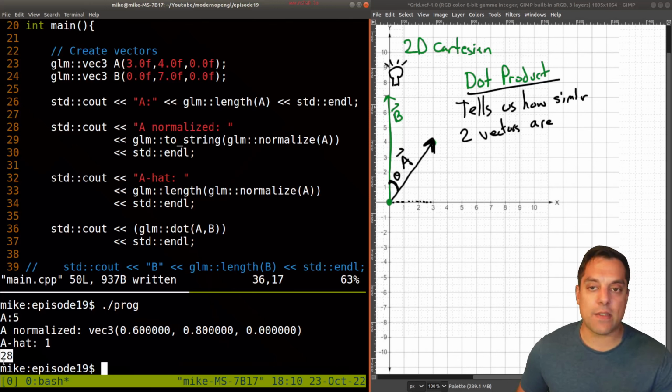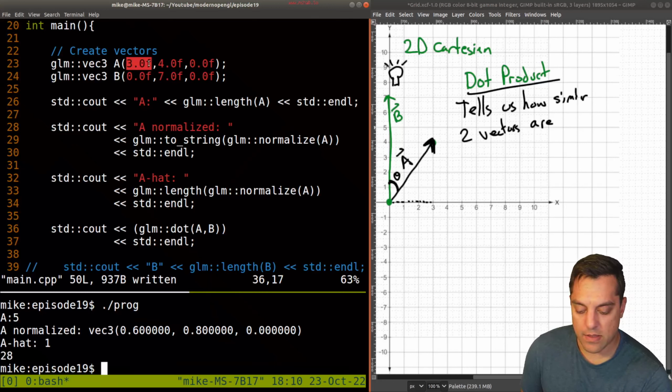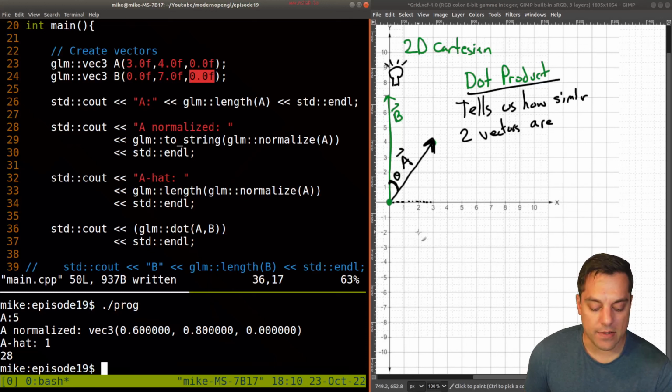So how do we get that value 28? Well, what I'm doing here is multiplying each of the components. The X component of A times this component, which is 0, so 4 times 7, and that's what gives me 28, and then 0 times 0. That's what the component by component multiplication is.